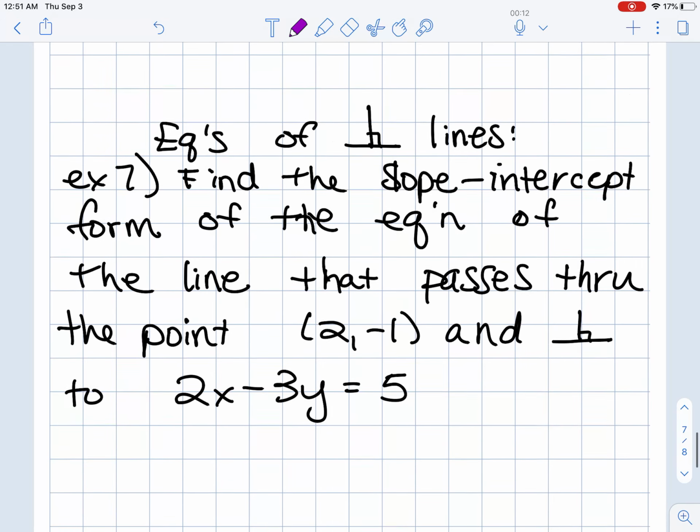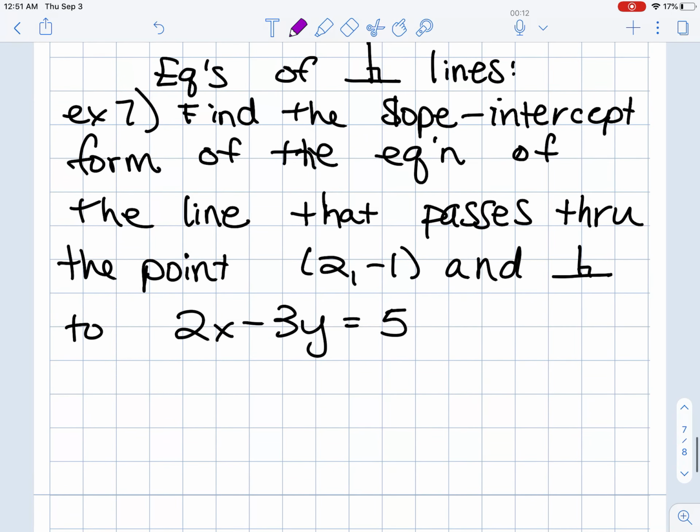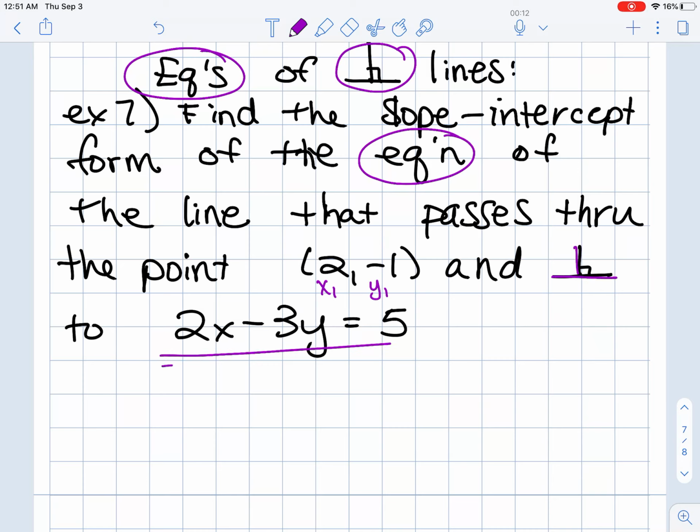All right, now we're ready to tackle an equation of a perpendicular line. This is my abbreviation for equations, and this is our little symbol for perpendicular. We're going to find the slope-intercept form of the equation of the line that passes through the point, here's our x1 and y1, and it's perpendicular to this equation.